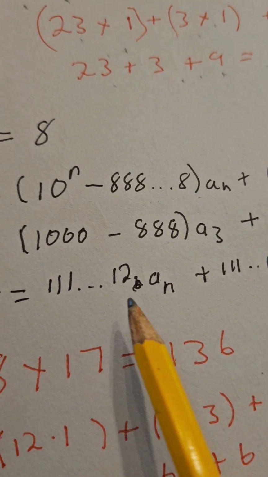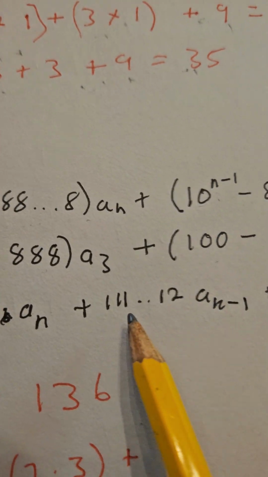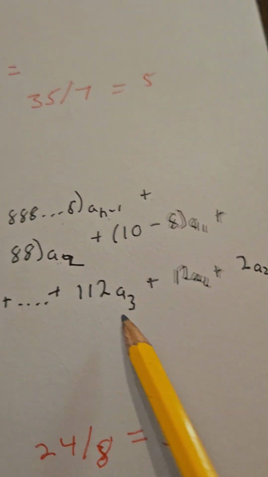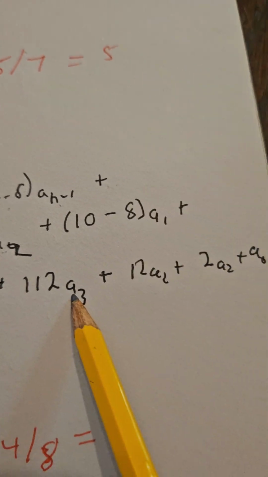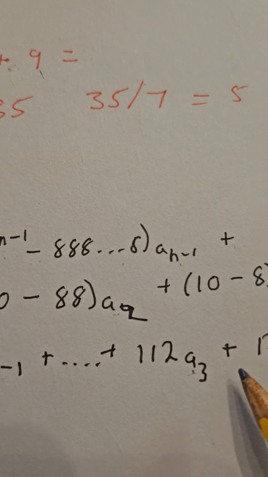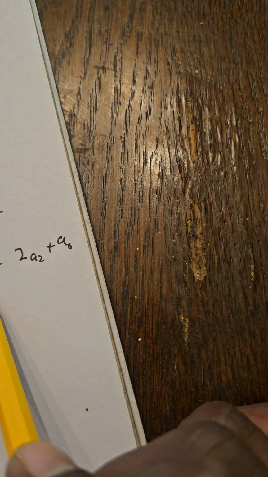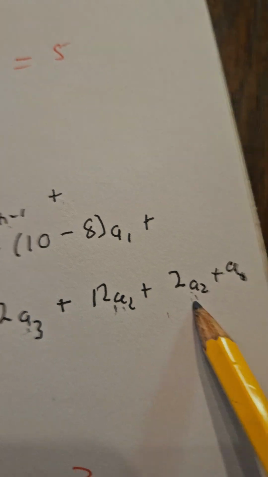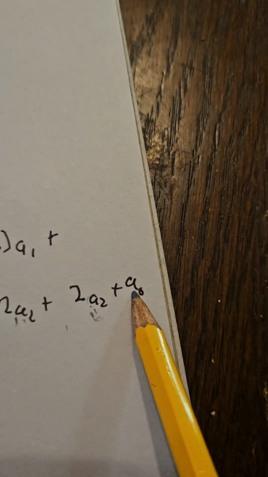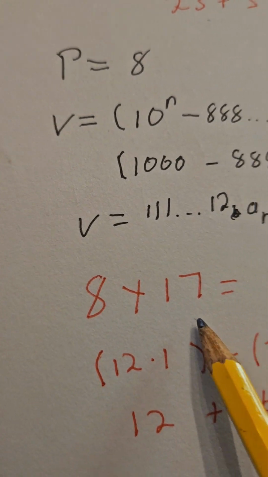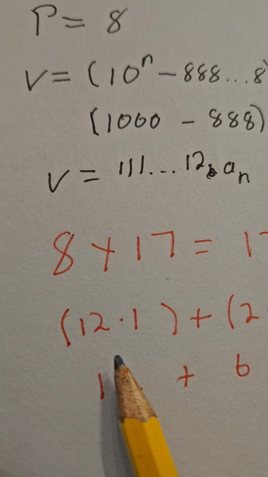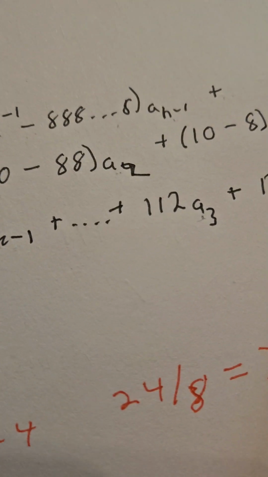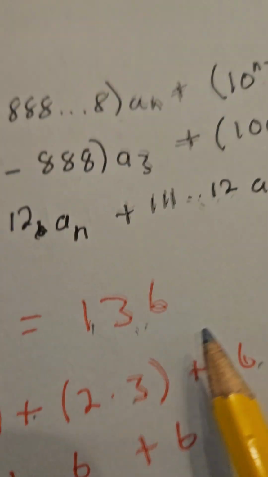And we get 111...12 an plus 111...12 an minus 1 plus 112 a3, that's 1000 minus 888, plus 12 a2, that's 100 minus 88, plus 2 a1, that's 10 minus 8, plus a0. 8 times 17, we get 136. 12 times 1, plus 2 times 3, which is 6.